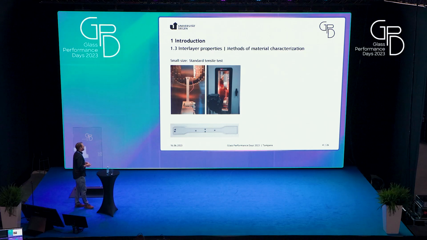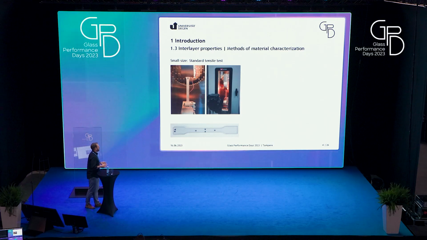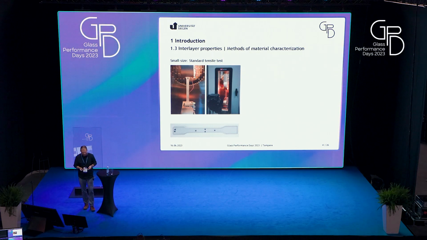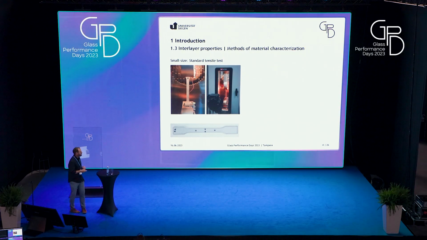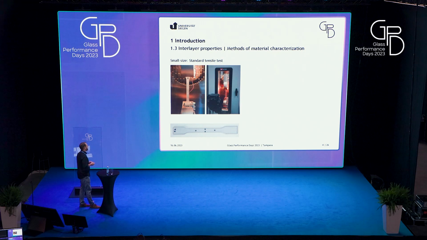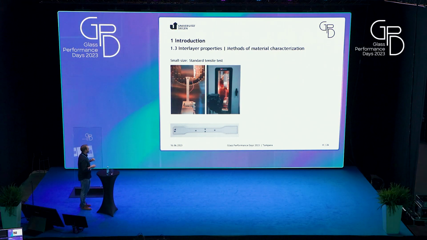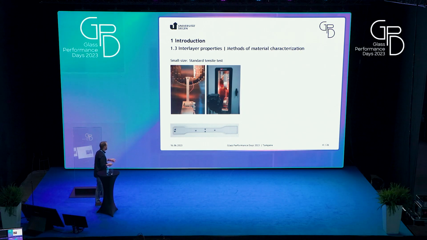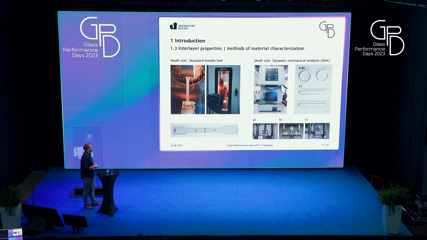We have some methods to characterize the materials, especially the polymeric interlayer materials, so I want to sum up some selected methods. On the left we have the standard tensile tests with some measuring dots that you can see on the test specimen below. And we have the dynamic mechanical analysis.